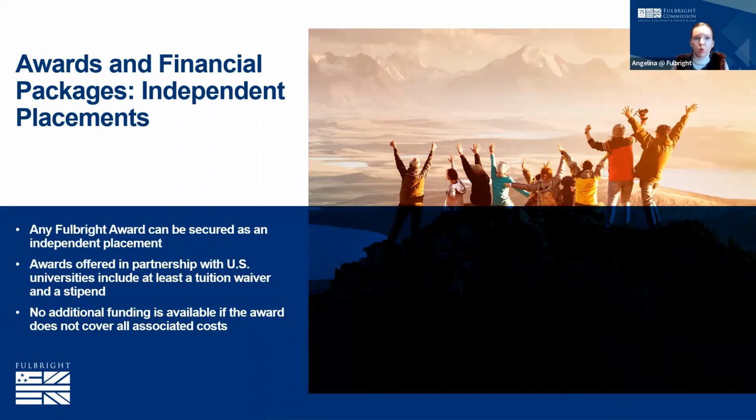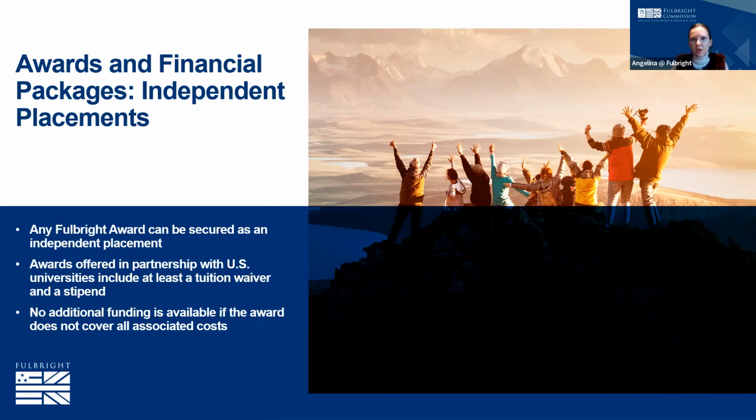Any Fulbright award can be secured as an independent placement. I normally recommend starting by looking at our partner awards, because some of them offer very generous financial packages. All Fulbright awards offered in partnership with US universities include at least a tuition fee waiver and a stipend.